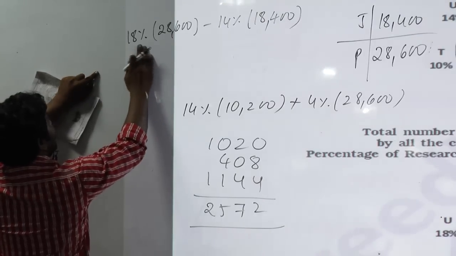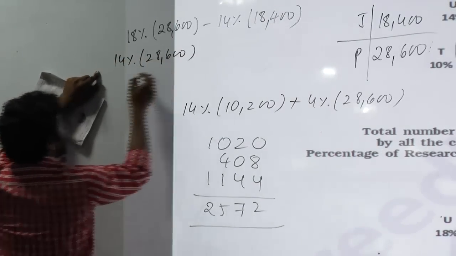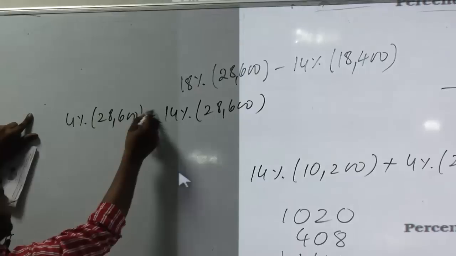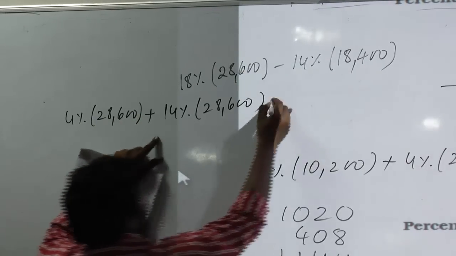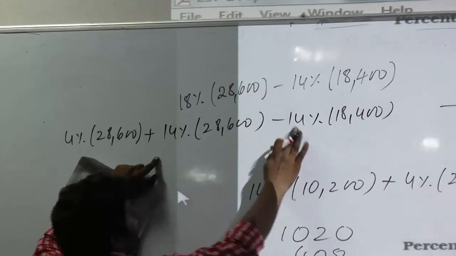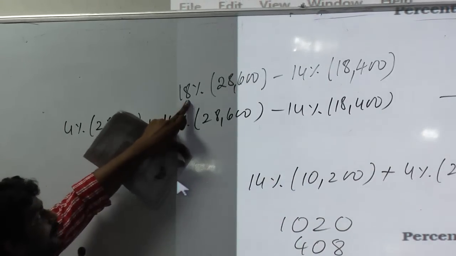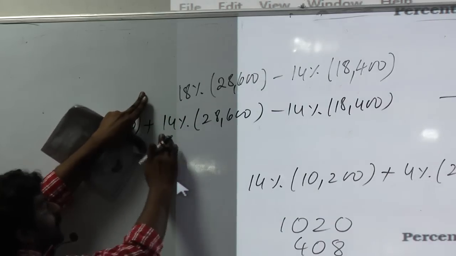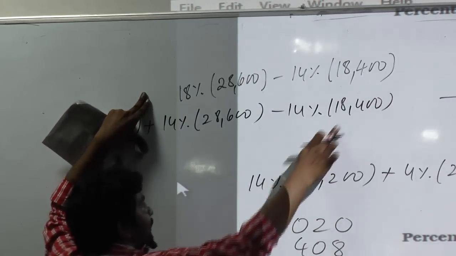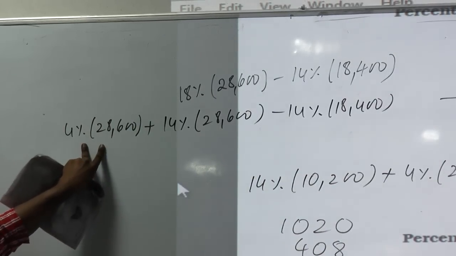This one I want to write as 14% of 28,600 plus 4% of 28,600. Can I do that? Minus 14% of 18,400. As I have a 14% here, this also I want to convert as 14%. Apart from 14, I still have 4%. 14% of this much minus 14% of this much will be equal to 14% of the difference of these two. How much is that? 10,200. And then you have 4% of 28,600.